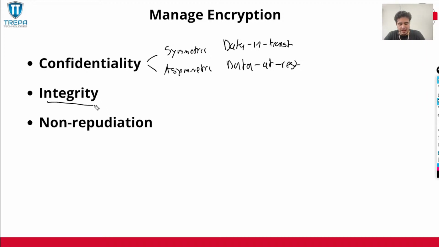Integrity: we can use hashing to verify integrity. We take a hash of a file, and we can check the next day, take a hash again. If it's changed, that means the file has changed.